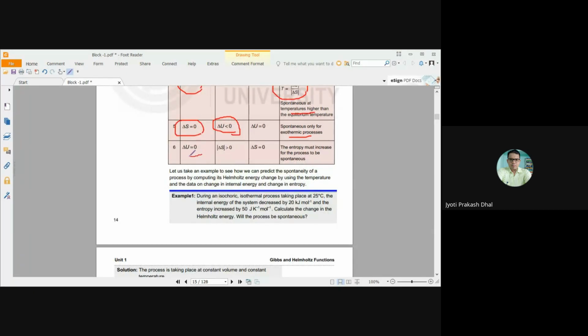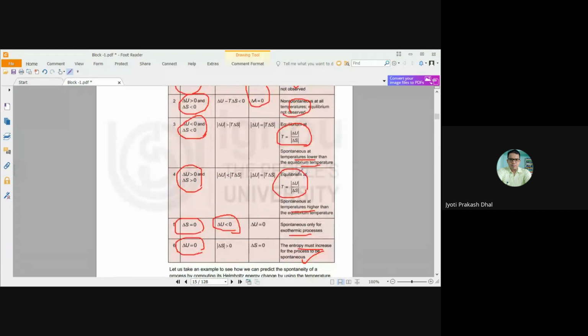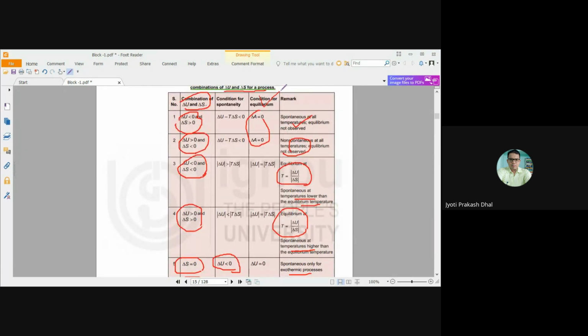Similarly, when del U equals 0, the process will be spontaneous when del S is greater than 0, and the entropy must increase in order to attain spontaneity of the process. But here in this column you can find the condition for equilibrium.